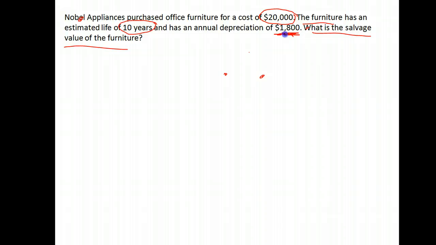So let's find out how much will it depreciate by total. So for 10 years, it's going to go down in value by $1,800 a year. Okay, so by the end of 10 years, it will have depreciated by $18,000.